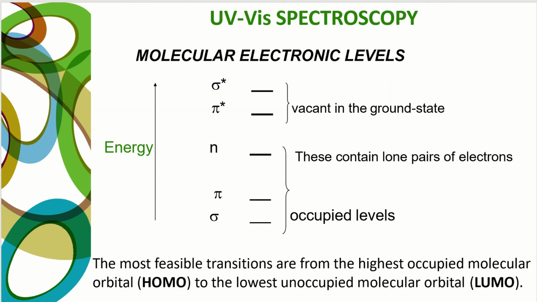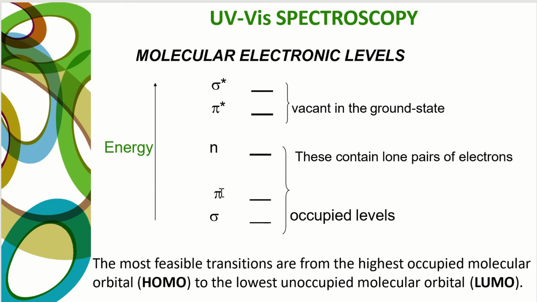All right, so the molecular electronic levels that we're talking about, and as we can see the scale over here in terms of energy, these are lower energy, these are higher energy. So we have our sigma. If you have a molecule with single bonds, they have electrons in sigma, overlapping of orbitals forming a sigma bond.